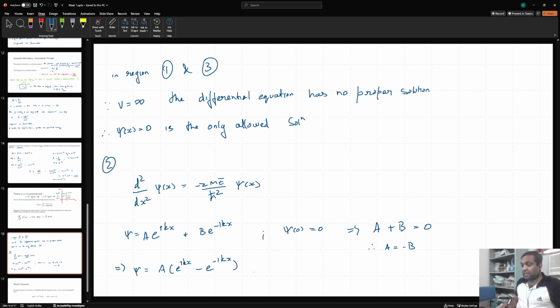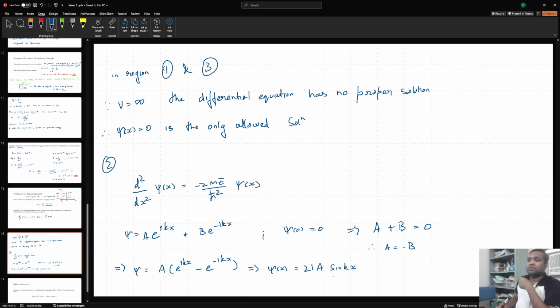Now this I can directly write as psi of x is equal to 2i a sine kx.